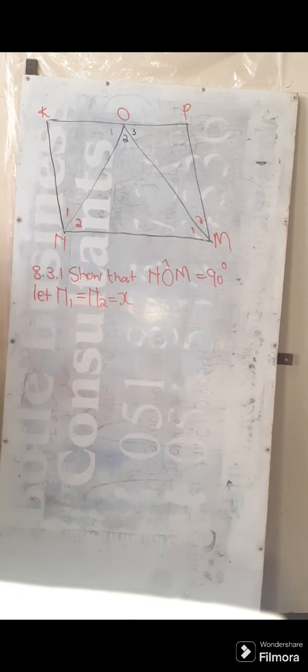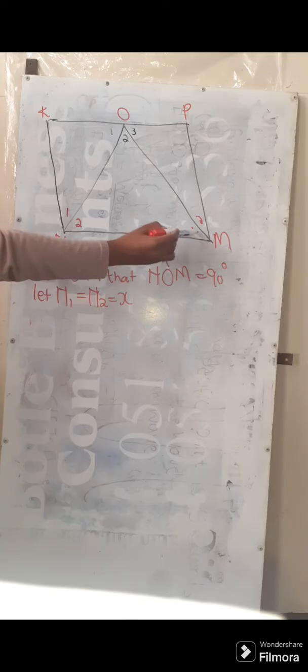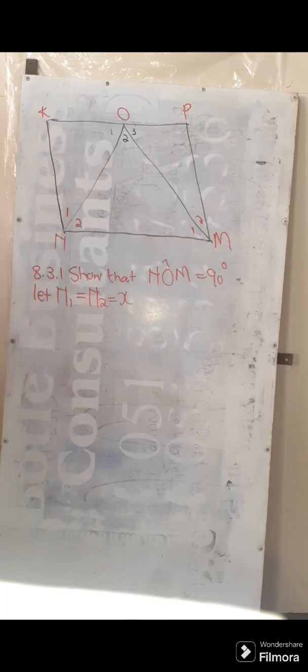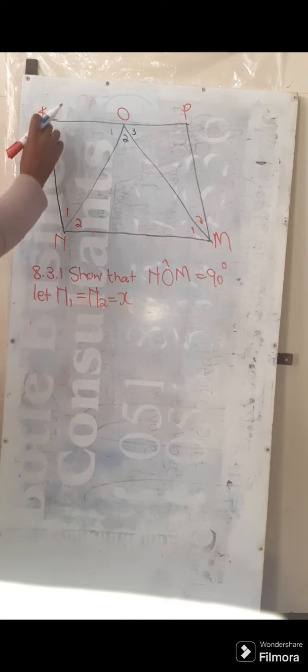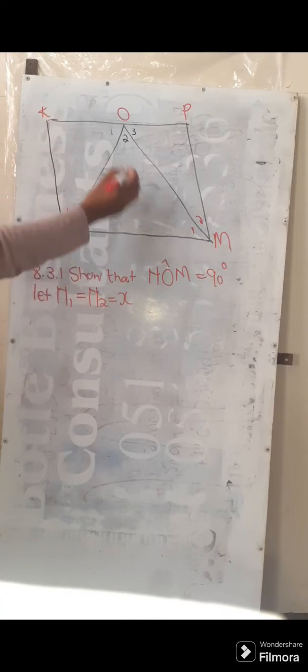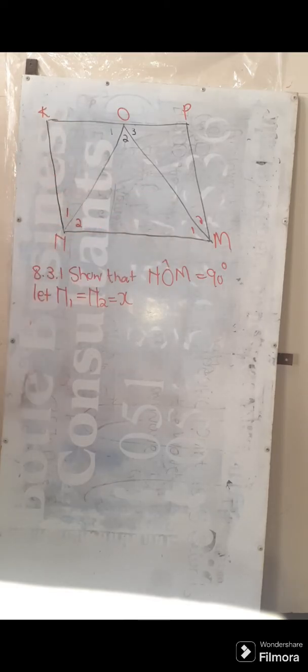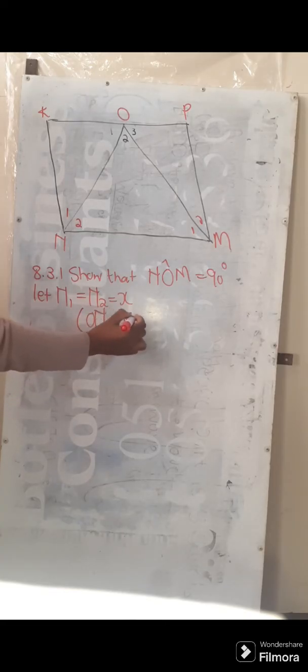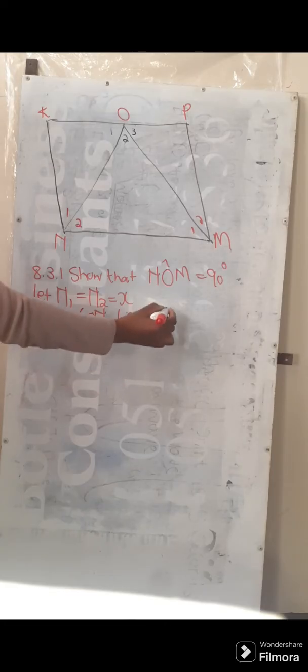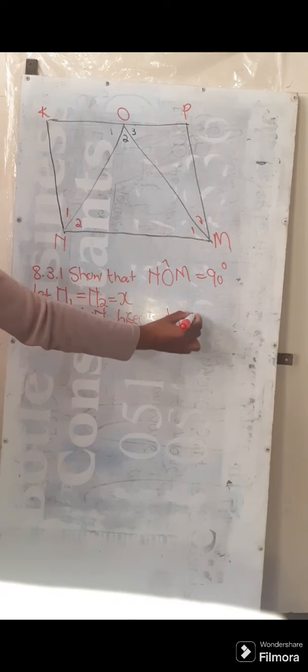The reason is that N, K and M form a triangle, and if you bisect this parallelogram, you will see that ON cuts this triangle into half. The reason is ON bisects KM.